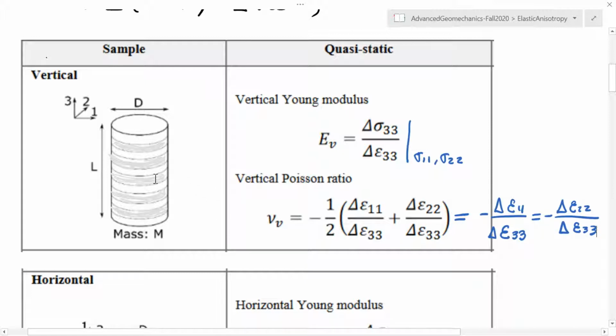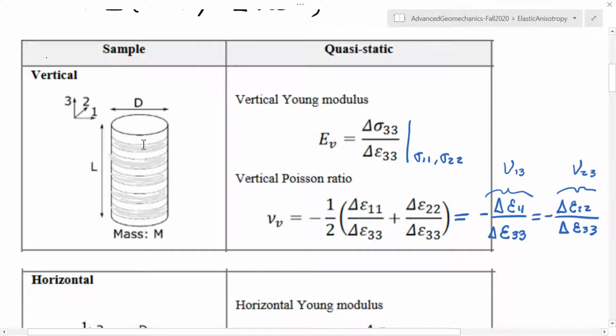And you may expect also that this Poisson ratio, actually this one is called Poisson ratio 1,3, is equal to the Poisson ratio 2,3, because of the axisymmetric symmetry. We should expect those two values to be the same in direction 1 or in direction 2, because the sample is symmetric with respect to the axis number 3.